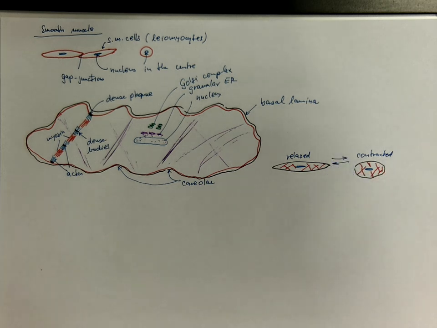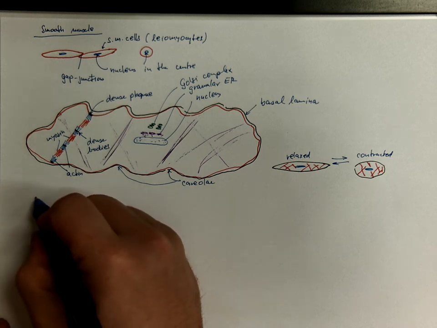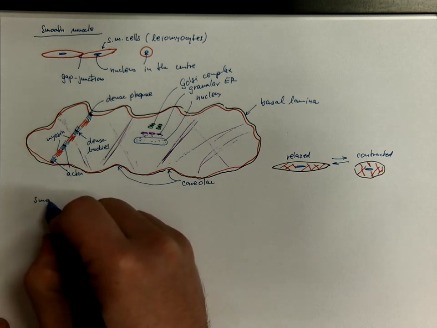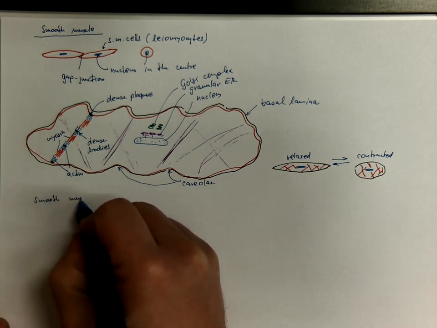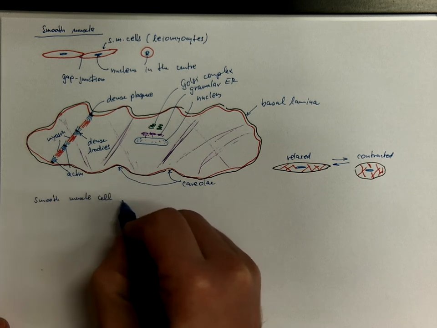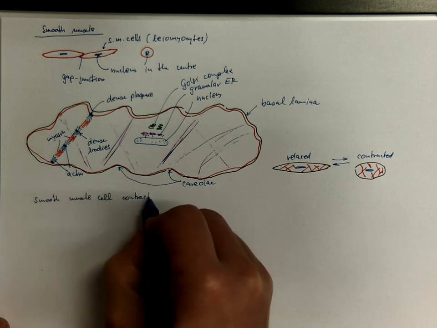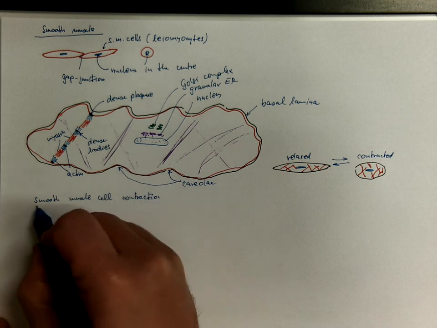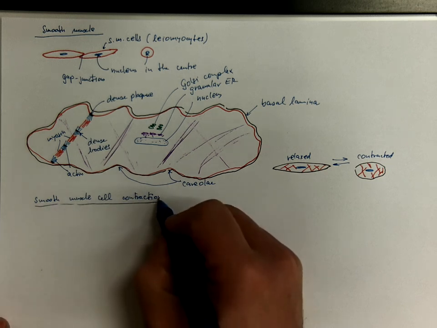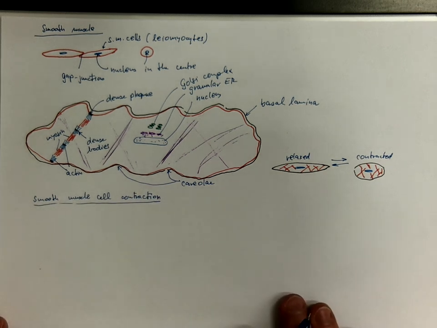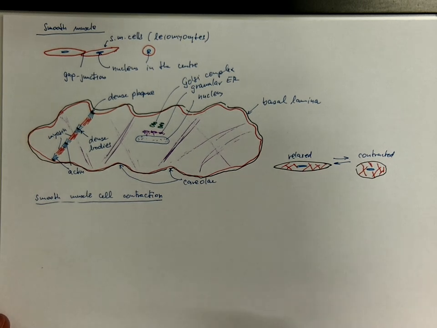The smooth muscle cell contraction and the mechanisms behind that are partially different from the contraction mechanisms found in sarcomeric muscles.